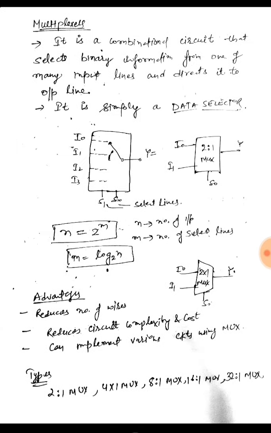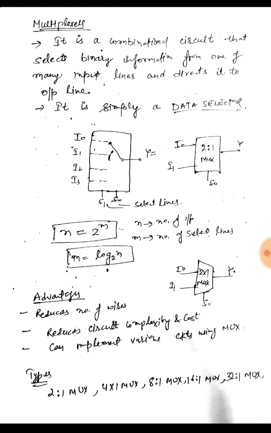It is also a combinational circuit that selects binary information from one of the many input lines and directs it to a single output line. So we will be having many to one.